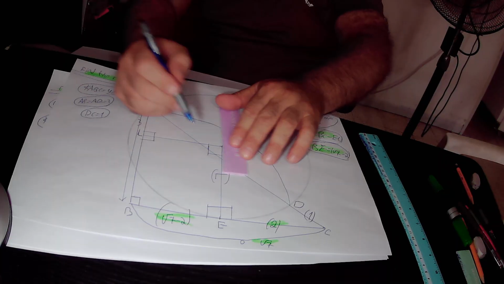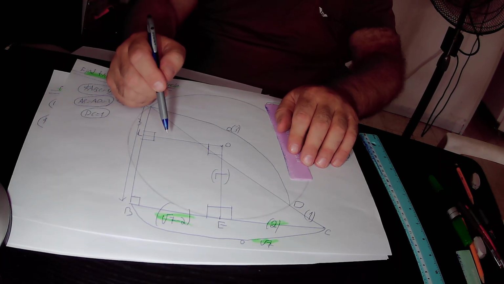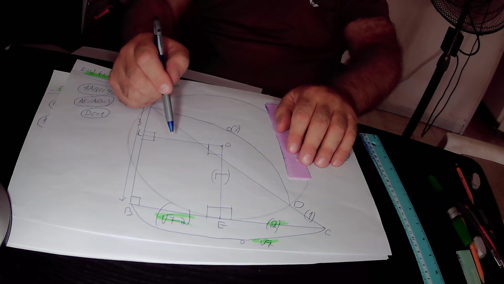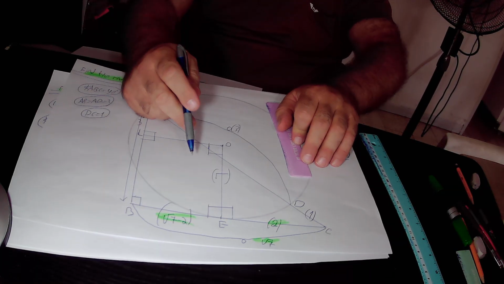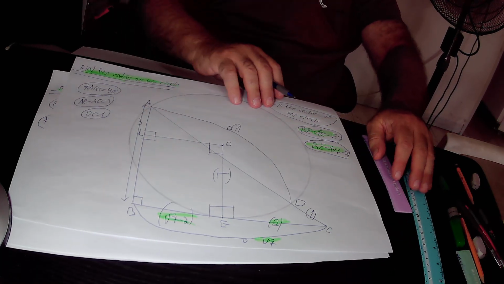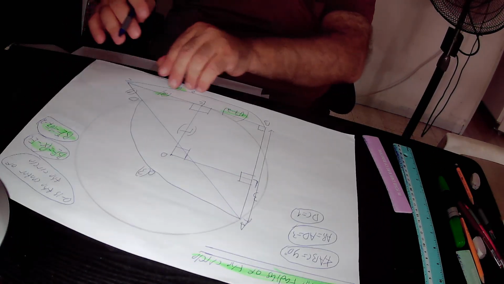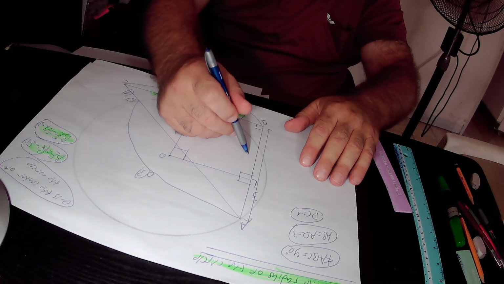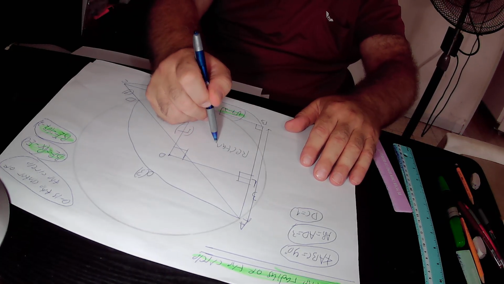So inside quadrilateral LOEB, we have 4 right angles, and according to rule 5, any quadrilateral that has 4 right angles must be a rectangle or a square. So quadrilateral LOEB is a rectangle because it has 4 right angles.